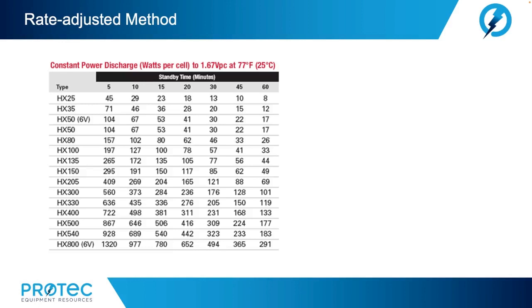So again, let's do another example here. Let's say that we are going to, once again, for instance, do the HX25 battery type, and we're going to do a 15-minute discharge. In order to perform this, the published value would be 23 watts per cell. So, we have our rate-adjusted method equation.